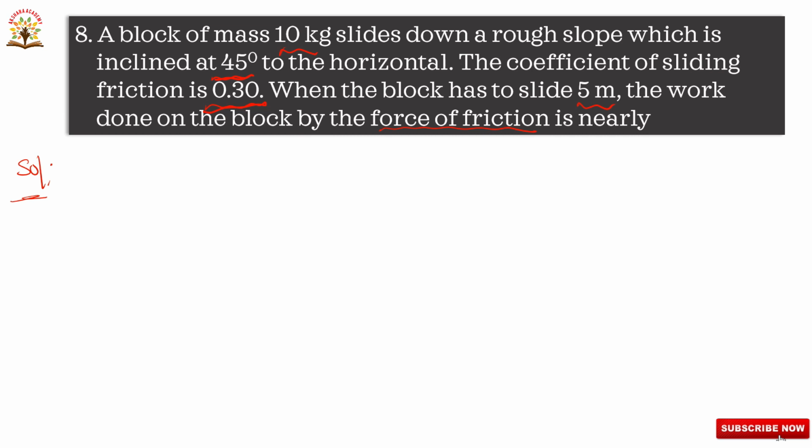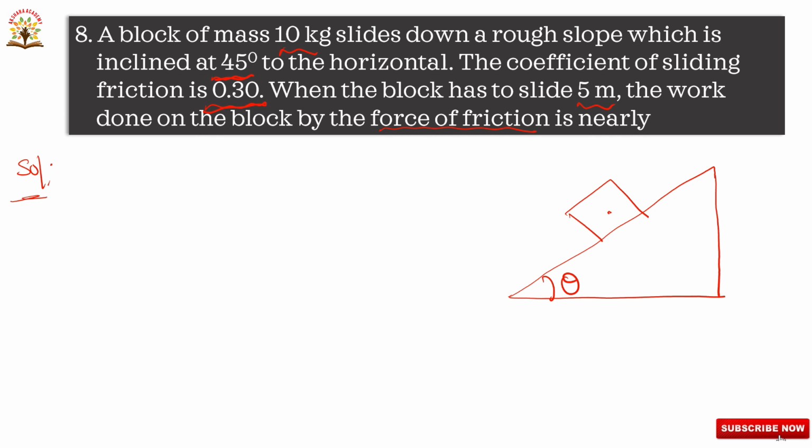See here, this is the inclined plane. Here we are taking a rough slope. Here we are placing the block on this rough slope. This is the block, making an angle theta.